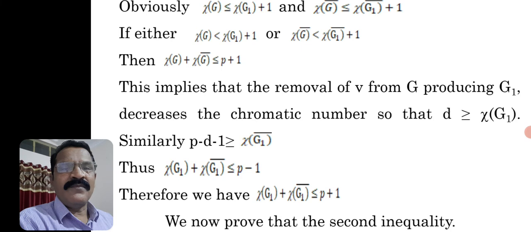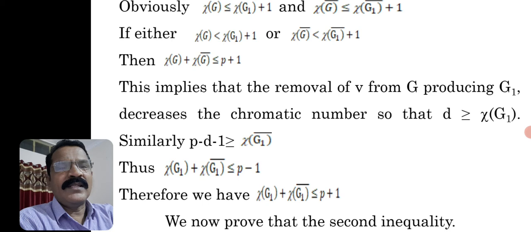The chromatic number of G plus the chromatic number of G bar is always less than or equal to P minus 1. Therefore, chi of G plus chi of G bar is always less than or equal to P plus 1, because when it is less than or equal to P minus 1, it is obviously less than or equal to P plus 1. So the first part we have proved.